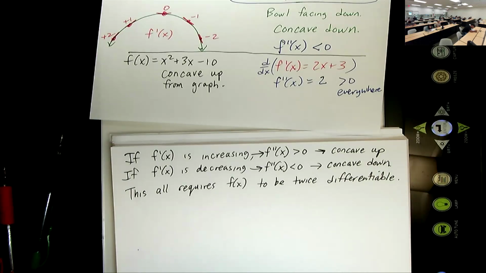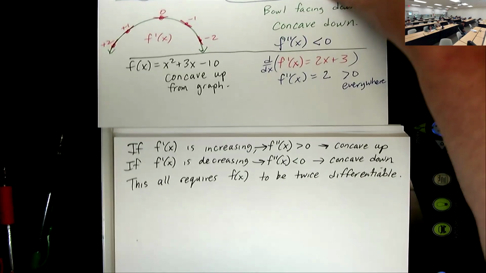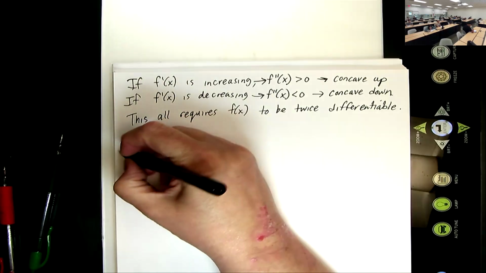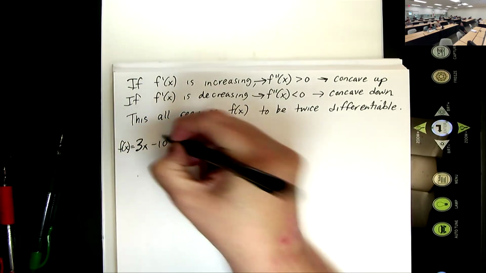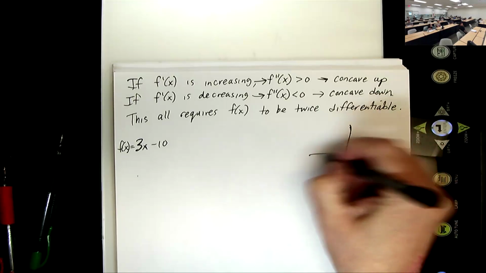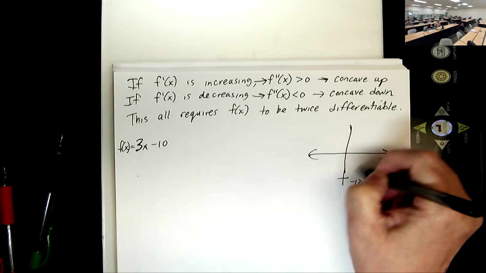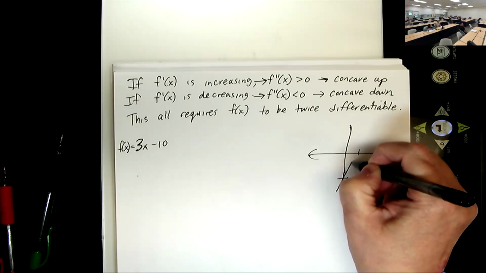Like a double prime of something that's like 3x plus 10. If we didn't have the x squared and it was just 3x minus 10, we can't have a double prime of that. Well, the second derivative would be 0, everywhere 0. That's a good question. Let's look at your question. So you said f of x is 3x plus 10? Yeah, or minus 10, if we just didn't have the x squared. Okay, so what does that look like? That's a line with a slope of 3 the whole way.